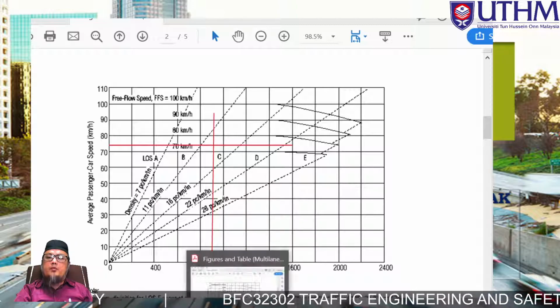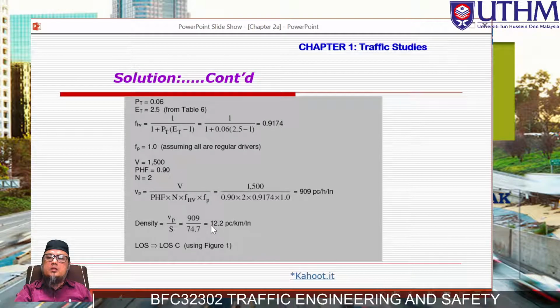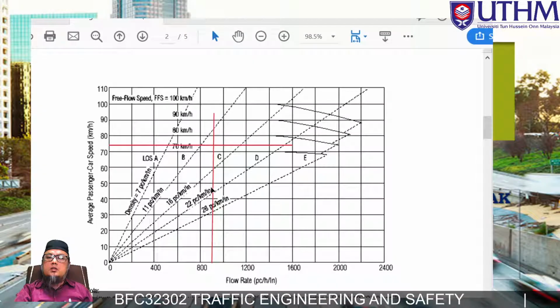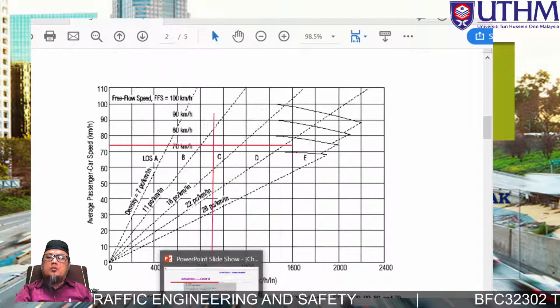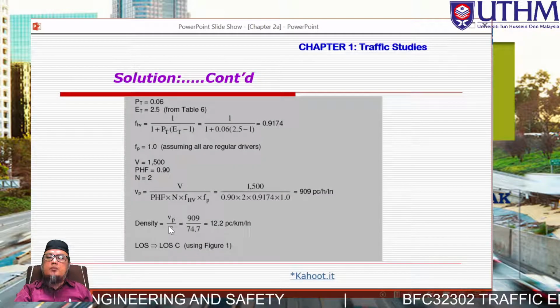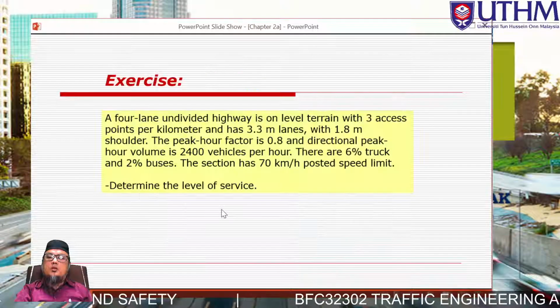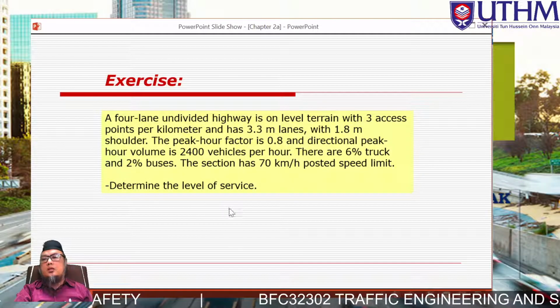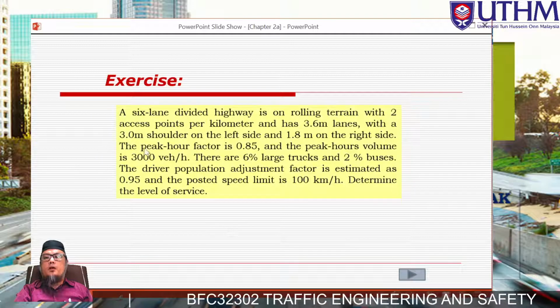But if you get this value of density lesser and lesser, you might have a good level of service. So that's the keyword to solve that particular question. If you can manipulate this one to get a higher value, so you obtain lower density, then the level of service might be increased. Okay, the next question.